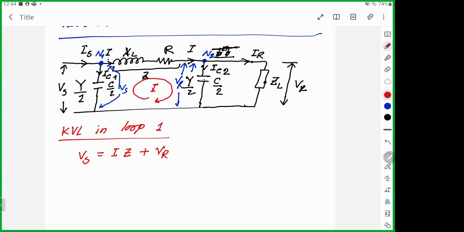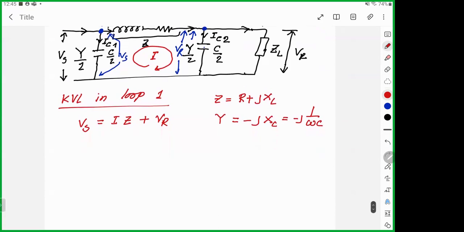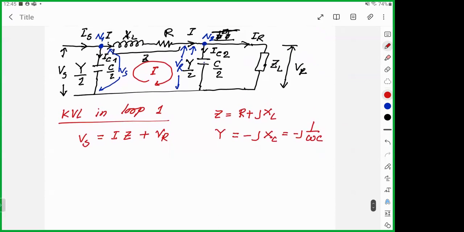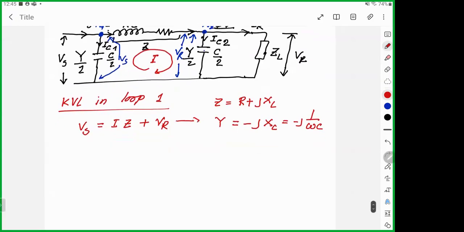Now here Z is equal to R plus jXL, and Y is equal to minus jXC, which is equal to minus j 1 by omega C. We'll keep it as it is and mark it as equation 1.